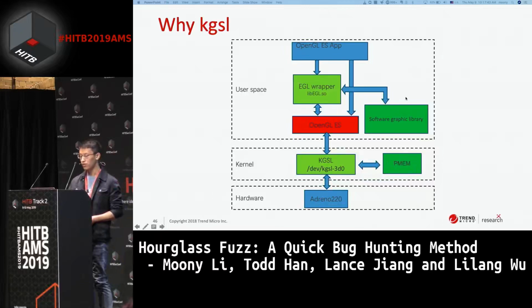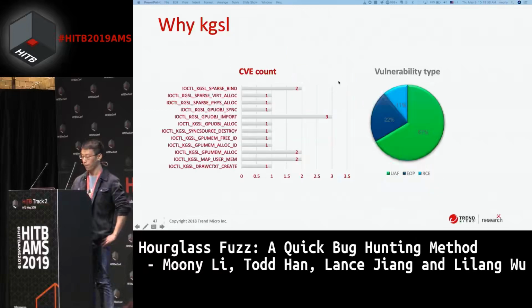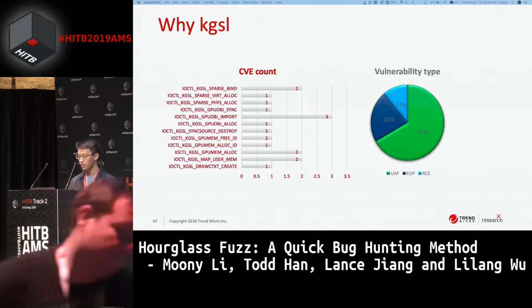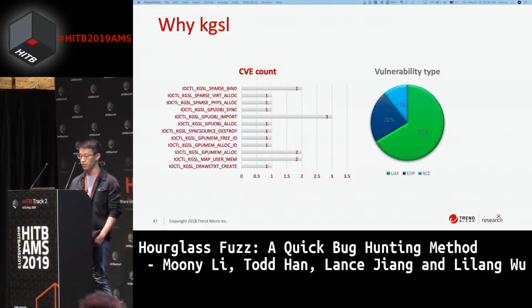There are a total of 35 functions in KGSL. We made statistics on the historical vulnerabilities of KGSL, as shown in the figure. Through the statistics of historical vulnerabilities of the KGSL 3D0 driver, we found that there are a large number of security issues.